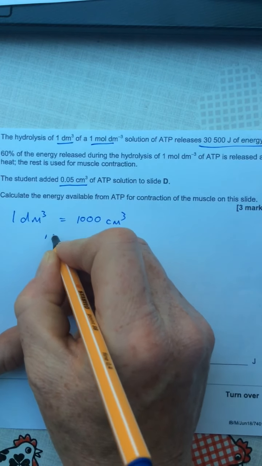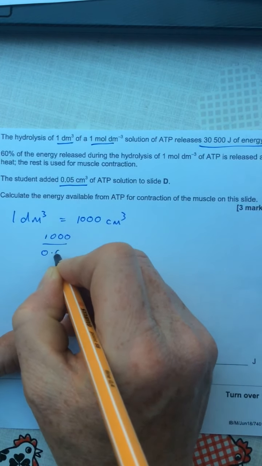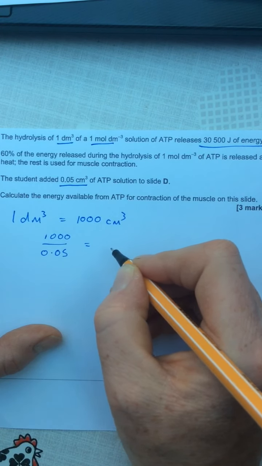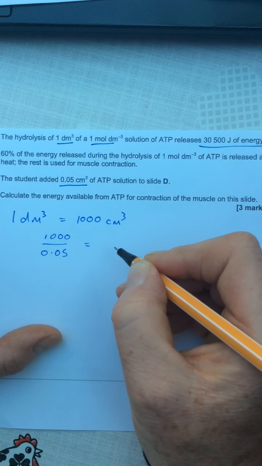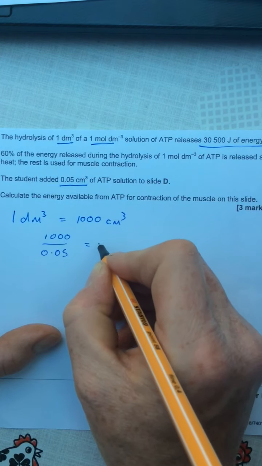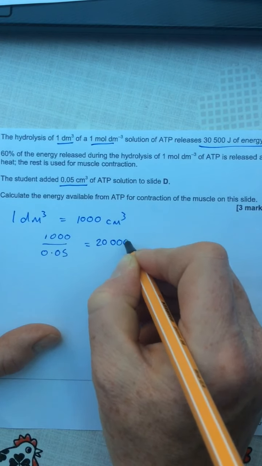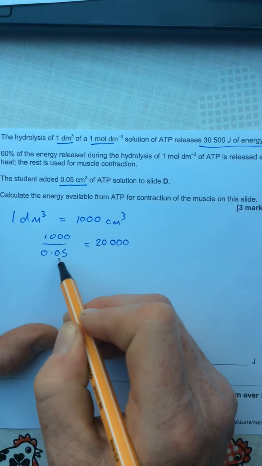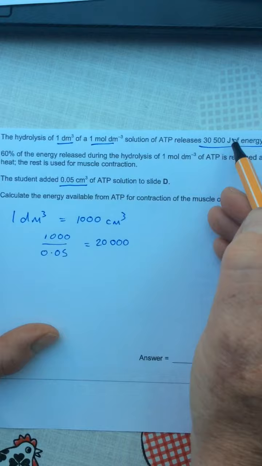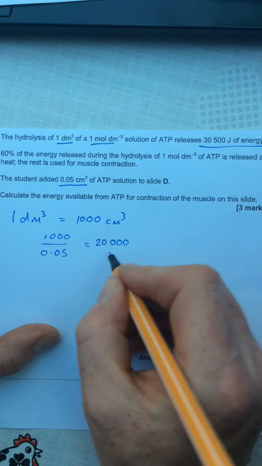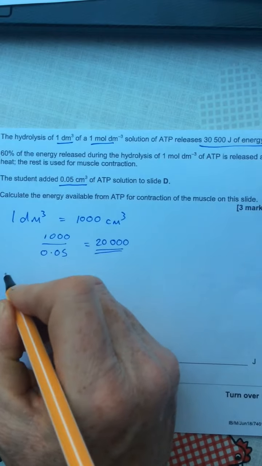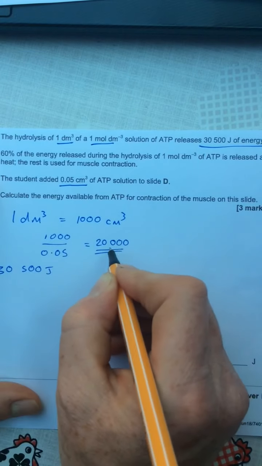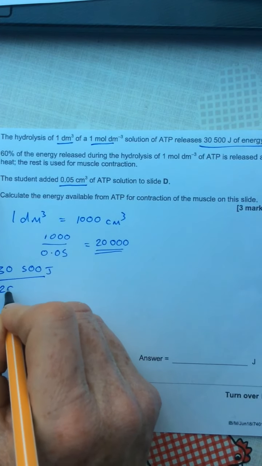So 1,000 divided by 0.05 gives you 20,000. That's maths in your head, right? So there are 20,000 times the volume that the student used in this number up here. Of this 30,500 joules, the student was looking at a 20,000th of that.